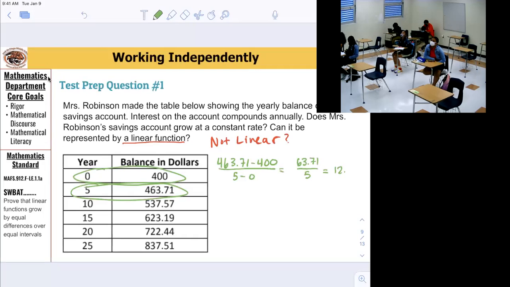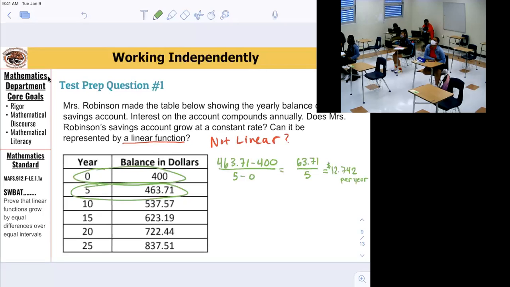Good. What are my units here? Dollars per year. Very good. Dollars per year.